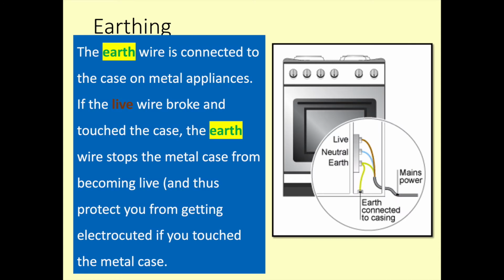Earthing is where we're connecting the case of our metal appliance to the ground through the earth wire.